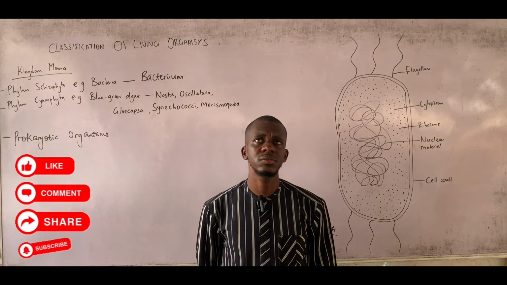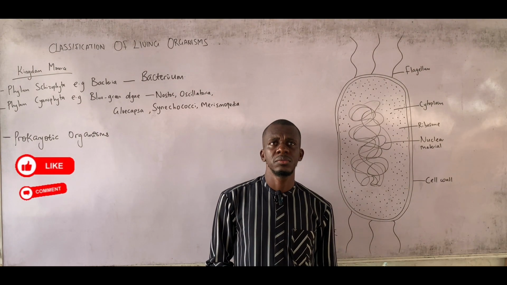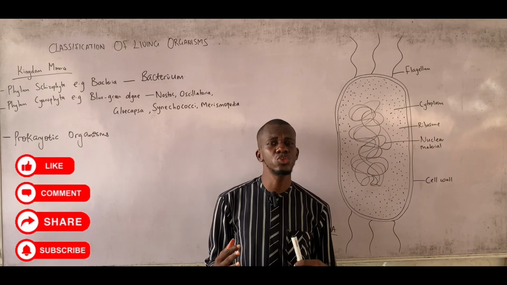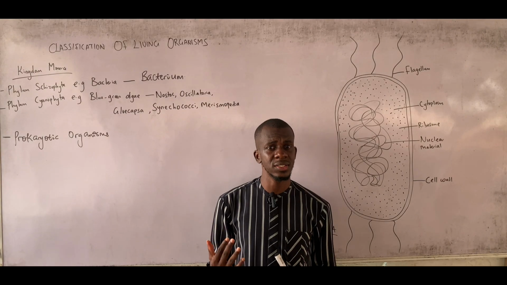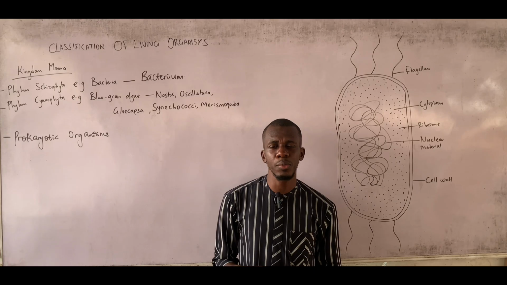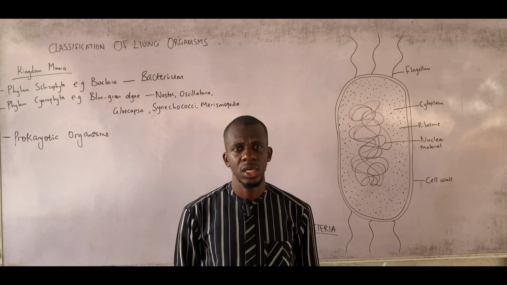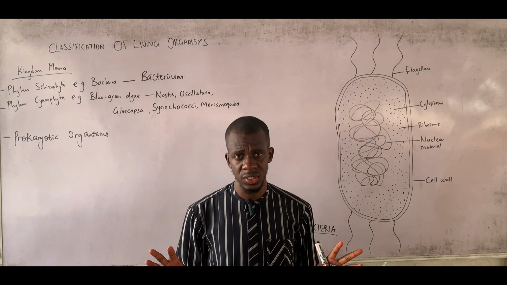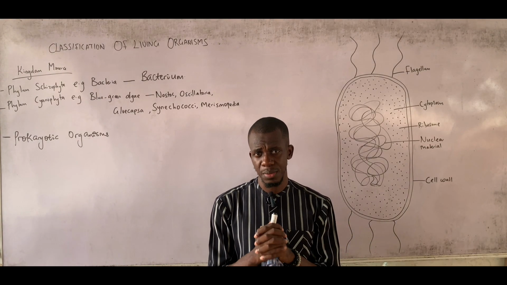Now, when it comes to nutrition, the bacteria behaves like a plant, but it manufactures its food chemosynthetically. So there's a difference between photosynthesis and chemosynthesis. Some bacteria carry out chemosynthesis.